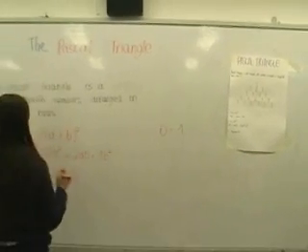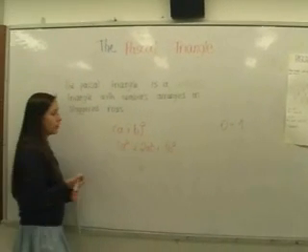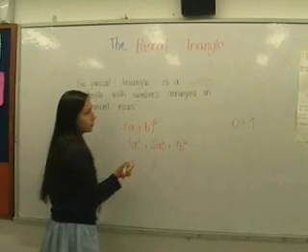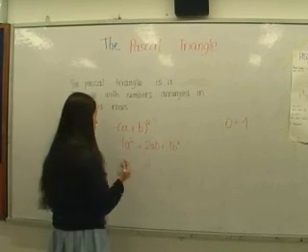So if you're going to use it on a binomial that is cubed, you will use the third row of the Pascal triangle.